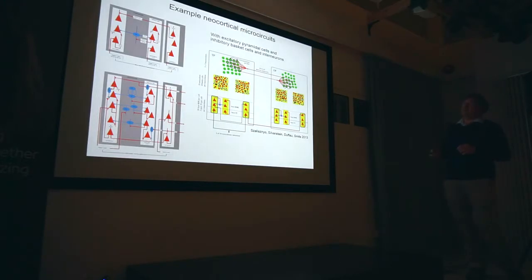This is some example microcircuits that I used in my research, trying different variations and seeing what the behavior is. This shows 3 scales. This is at the minicolumn level, this is at the macrocolumn level, and this is at the patch level, sort of like where the human connectome is. So it's possible to build models of multiple areas and then run simulations and see what the behavior is like.